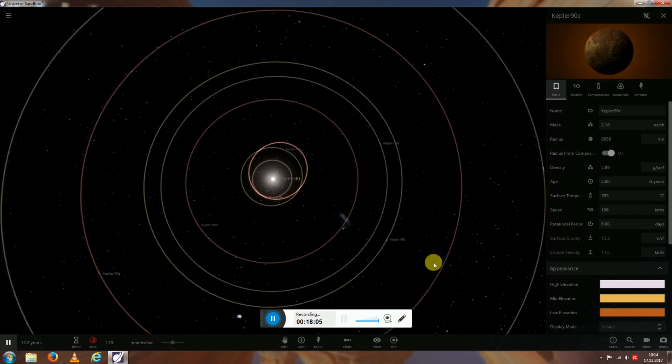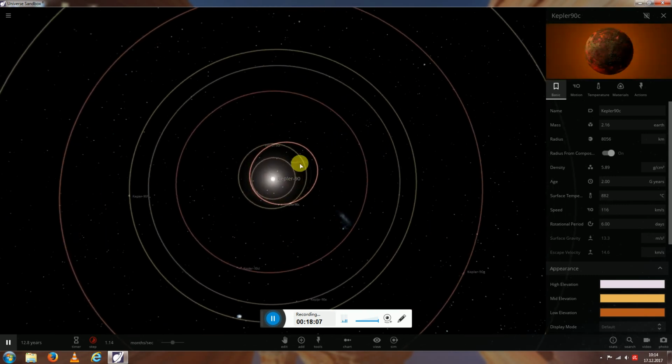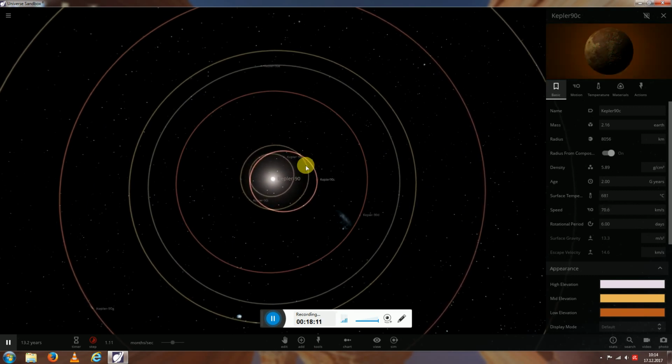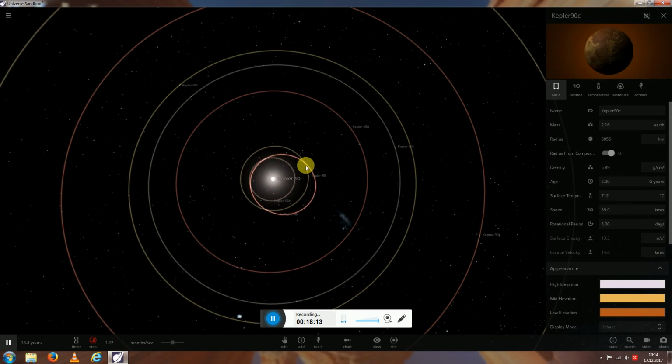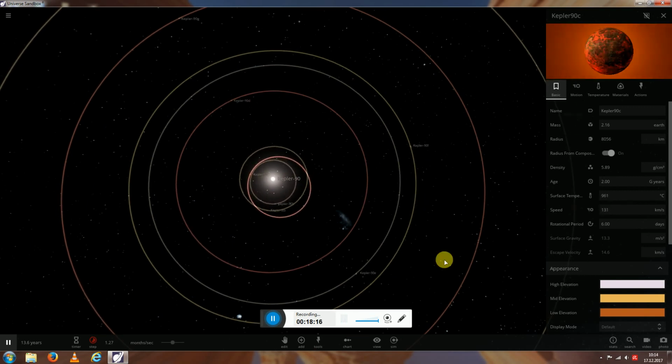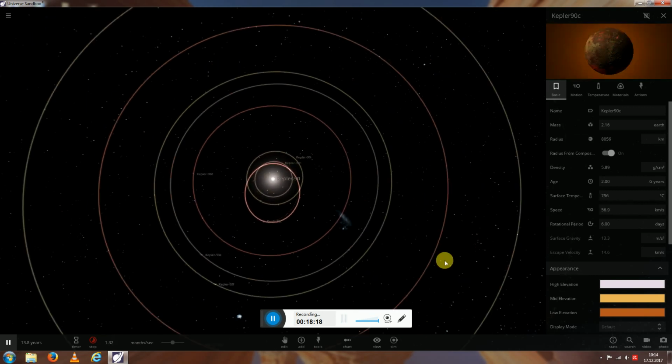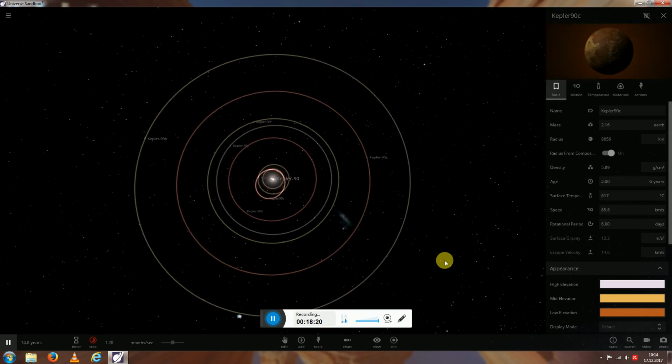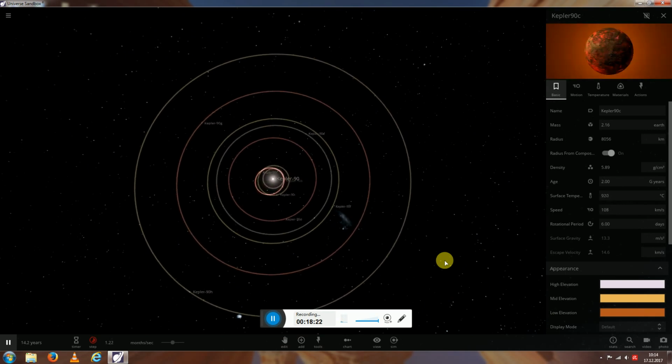And Kepler 90c is really having a bore with the orbit. But the gas planets seem to be in a relatively stable orbit.